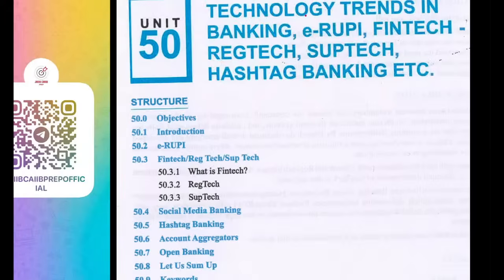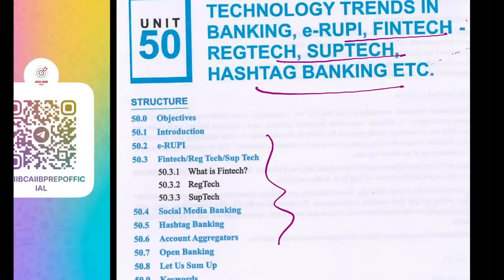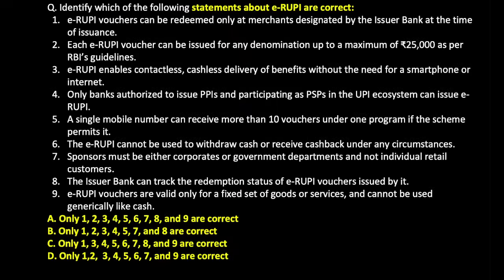Okay, next, unit number 50: technology trends in banking, e-rupee, fintech, regtech, suptech and hashtag. So these are the areas which are generally part of this particular unit. First question.